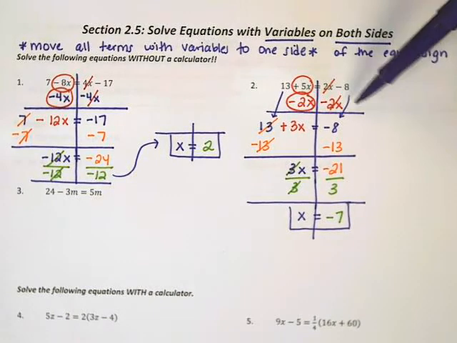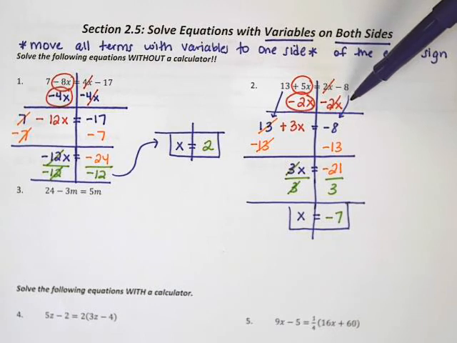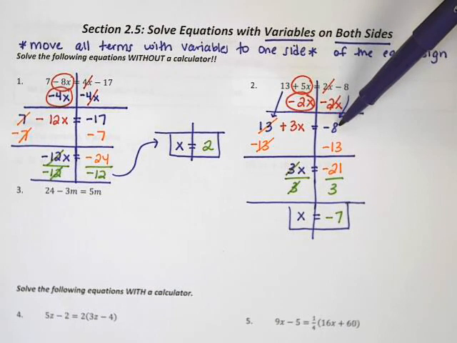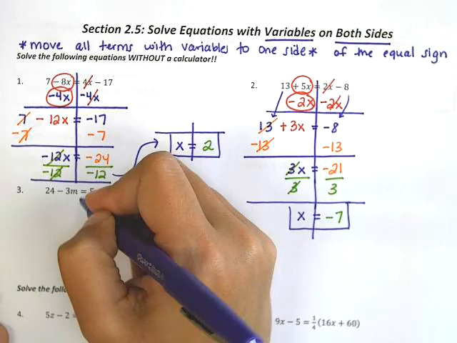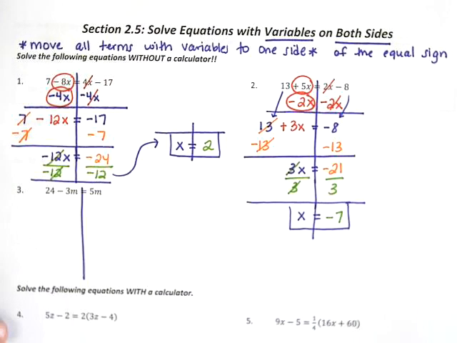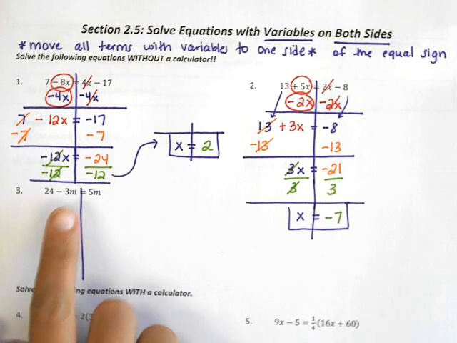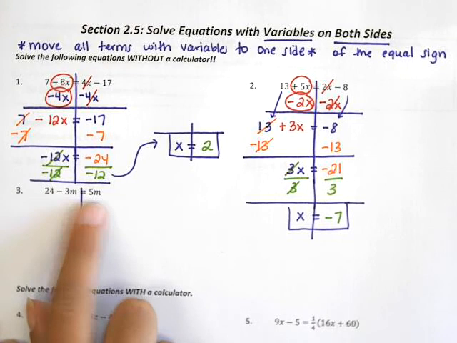Basically, this first step is the only new step for today. Once we do this first step, we get an equation that looks the same as the equations we were solving earlier this week. Let's look at another example, number 3. So I'm going to start by drawing a vertical line through my equal sign. Now this problem is a little bit different because when I look at the terms, there are m's on both sides of the equation.